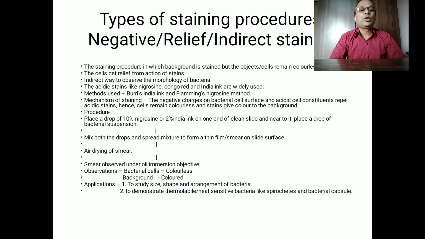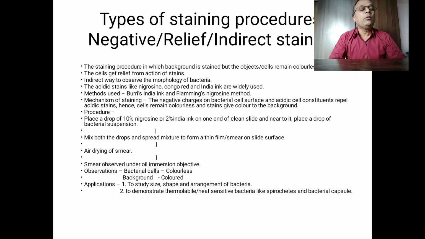Now let us see the procedure, how this negative staining is performed. For this, you have to take a clean grease-free slide. With the help of a nichrome wire loop, a special type of loop made from a wire of nickel and chromium alloy, so it is known as nichrome, N-I-C-H-R-O-M-E, Ni for nickel and C-H-R-O-M-E for chromium.